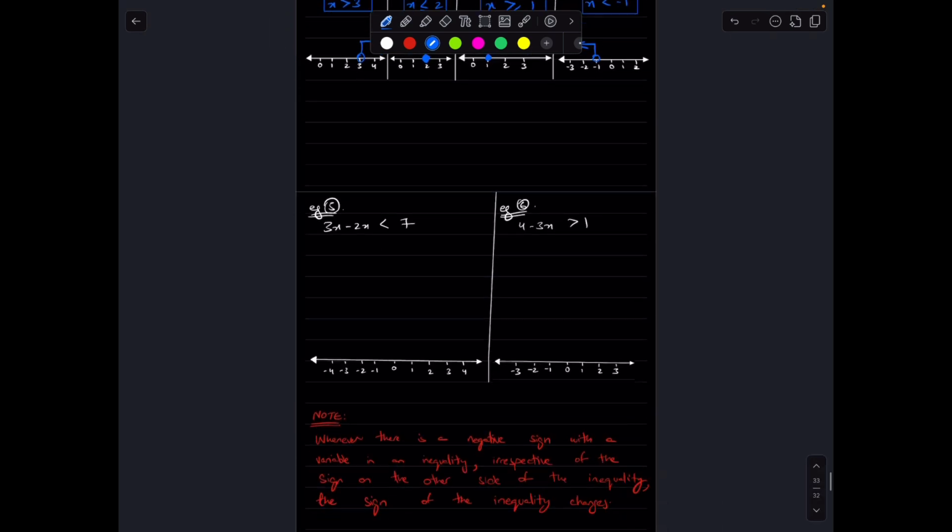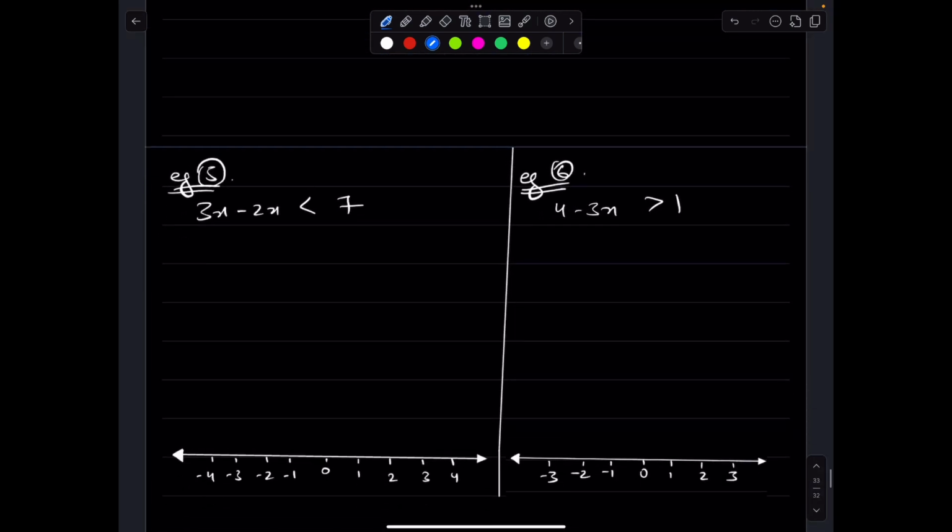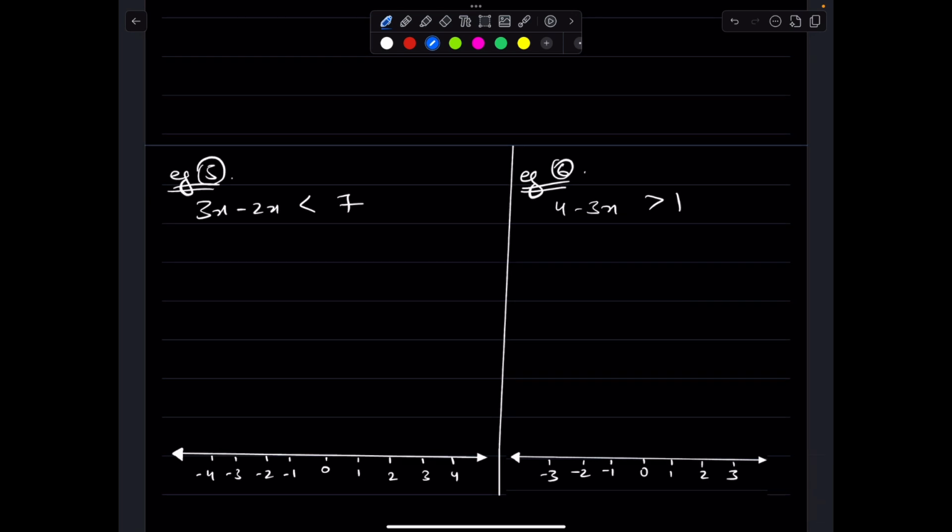We'll take two more examples. So in this case, we have minus 2x is less than 7 minus 3. So minus 2x is less than 4. And notice here that we have a minus sign.